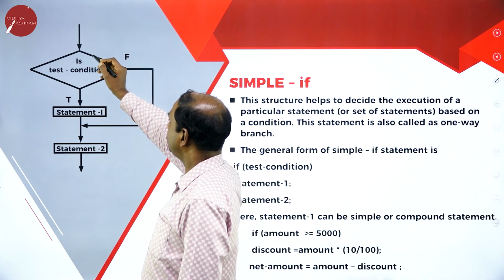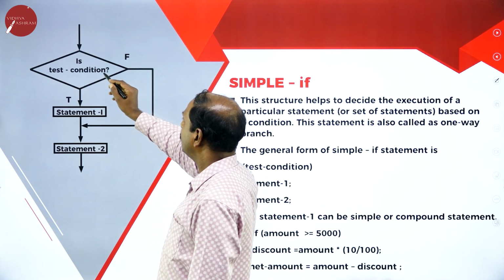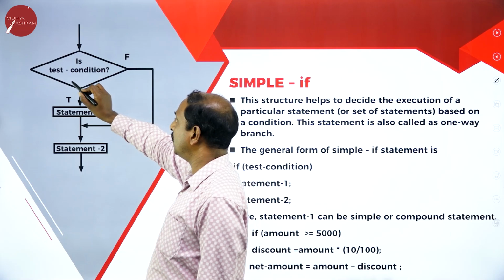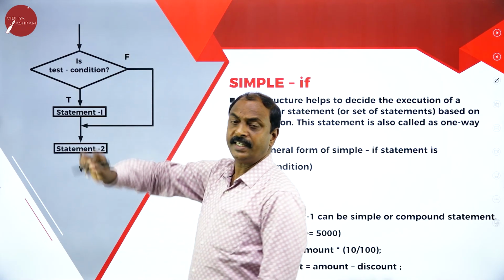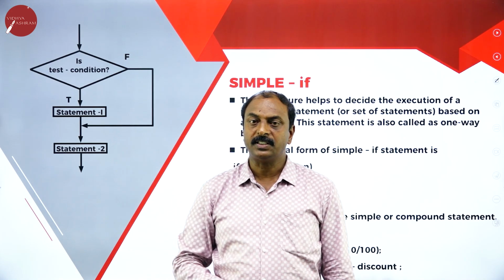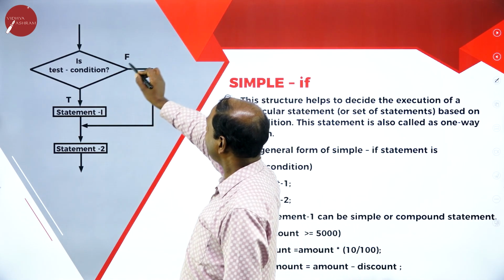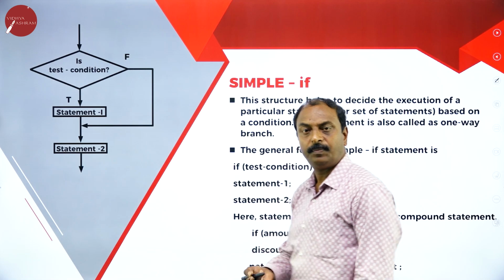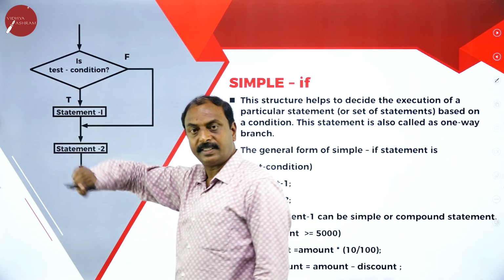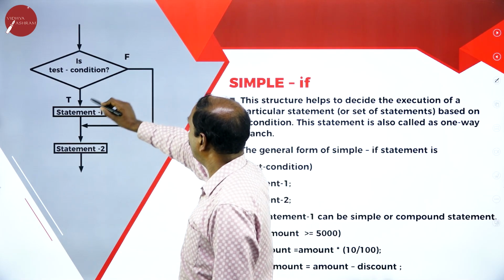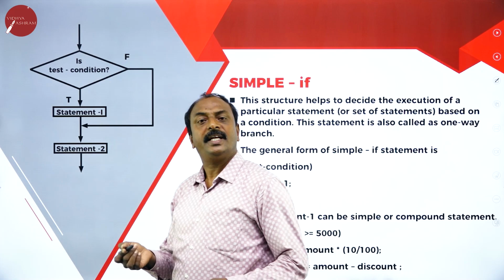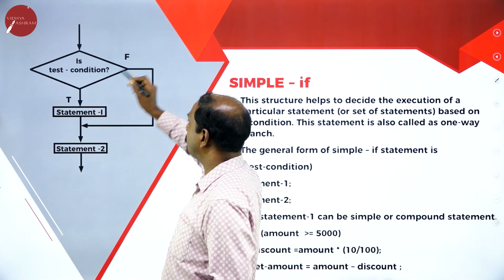Here this is the condition, the test condition given by the user. For any condition, there are two possible answers: one is true, one is false. Students, I repeat the same thing: in any condition, there are two possible answers, either true or false. So here the programmer can take a decision based on these two results.